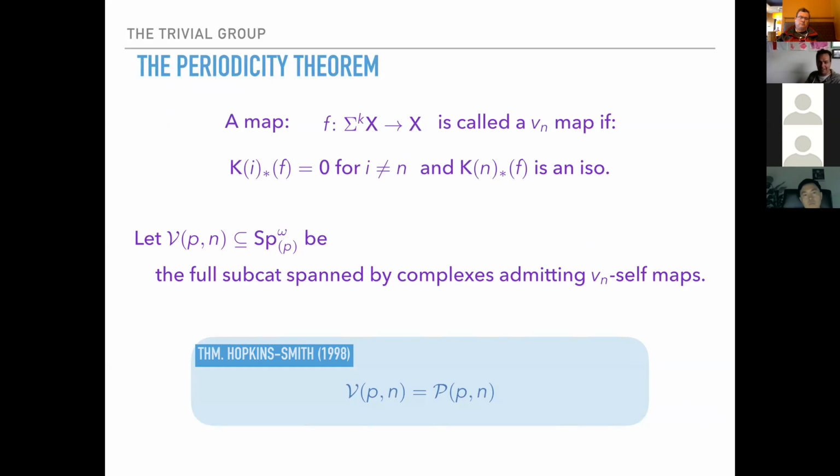In particular, it's a fixed subcategory, which shouldn't be so obvious. And there are some very clever arguments to show this. It's not super hard to show it's a fixed subcategory, but it does use the nilpotence results in a crucial way.